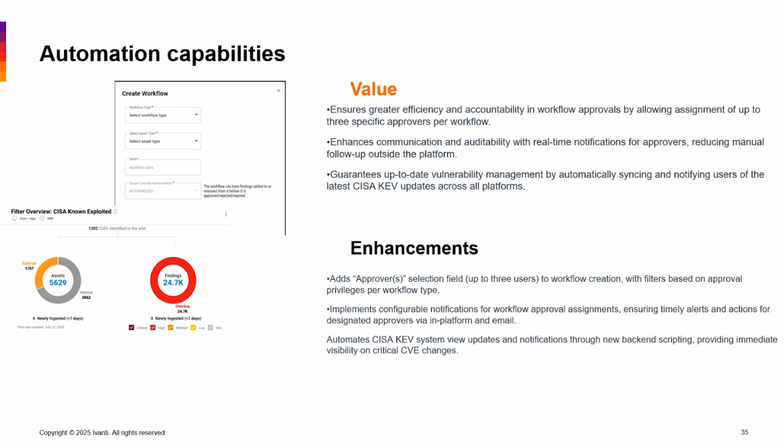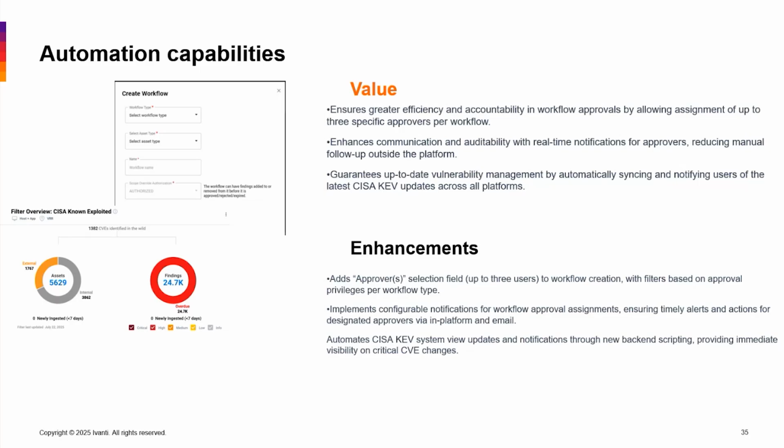And one more improvement we did is, we have this system view of CISA KEVs with exploitable vulnerabilities. Till now, the updating of this system view or system filter was manual in nature.